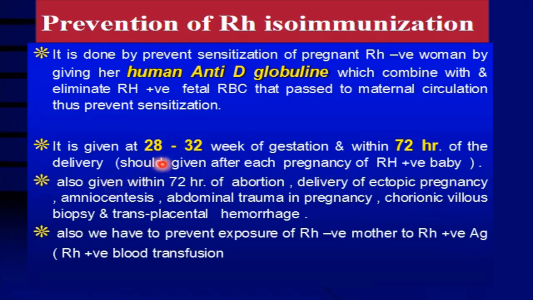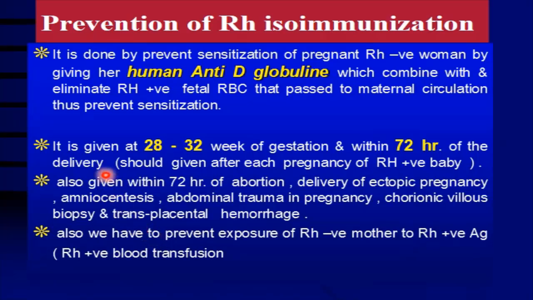It is also given within 72 hours of abortion, ectopic pregnancy, amniocentesis, abdominal trauma in pregnancy, chorionic villus biopsy, and transplacental hemorrhage. Also, we have to prevent exposure of an Rh negative mother to Rh positive antigen through any Rh positive blood transfusion.